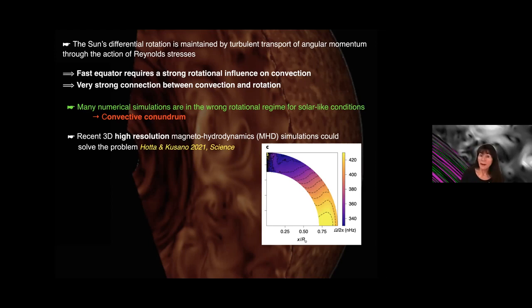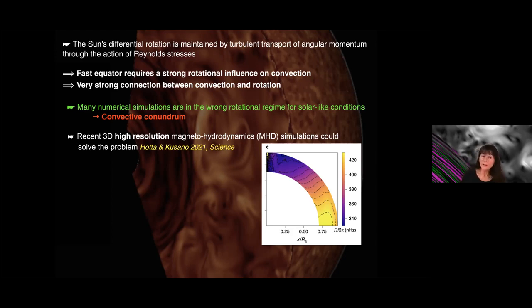What is very important is to have a very strong connection between the convection and the rotation. The problem is that many numerical simulations are in the wrong rotational regime for solar-like conditions. Typically, they are at a high Rossby number where inertial forces dominate over the Coriolis force. This is what is called the convective conundrum.